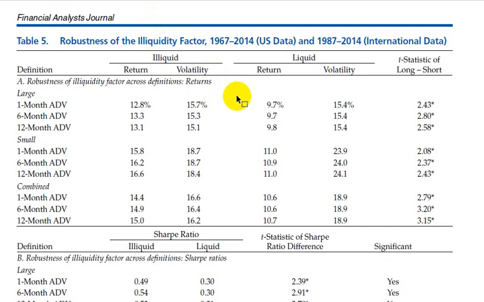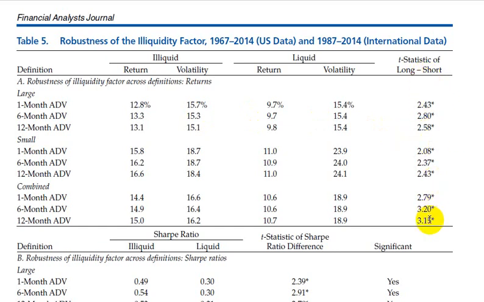So we should see some similarities there with the thought process that more illiquid stocks should earn a higher return than more liquid stocks. And we see that's the case here, where we get a higher return for illiquid stocks than we do for liquid stocks. And interestingly, the volatility is about the same and actually maybe lower for the illiquid stocks.